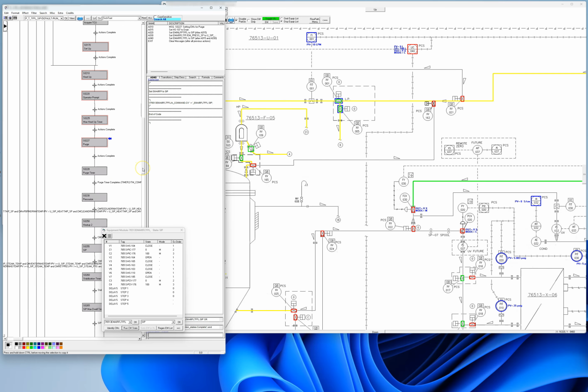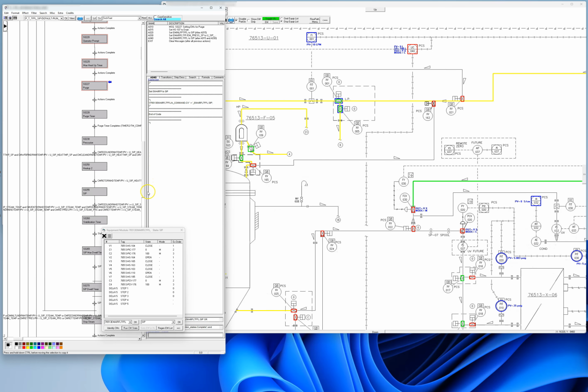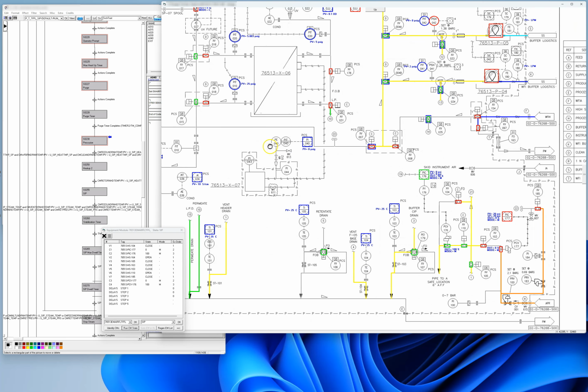So it purges the air and pressurize inlet. I think this is the same. And then air to SIP. Okay, that's still the same.